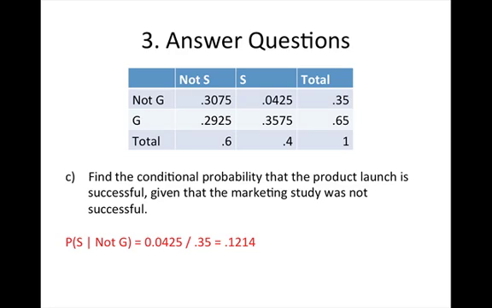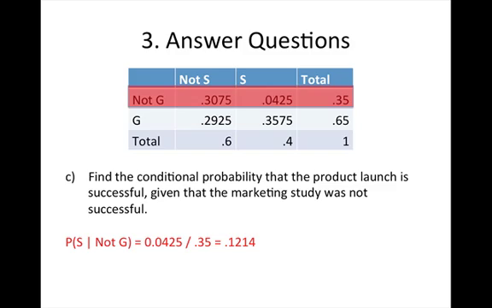Part C. Now find the conditional probability. Again, the word conditional probability is telling you the sort of probability that you have to find. What's the probability that the launch is successful given the marketing study was not successful? So let's say that you're in this row where the marketing study says don't do it.